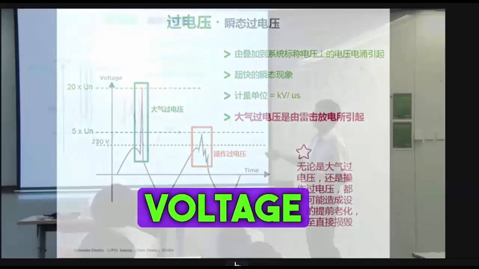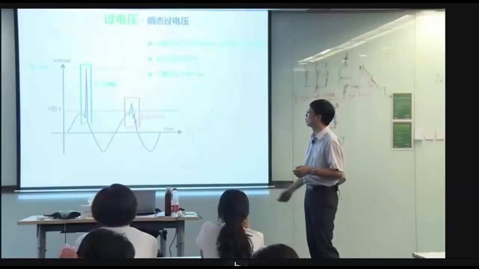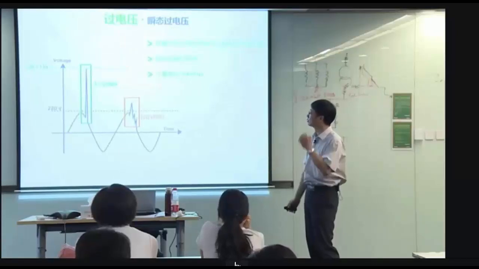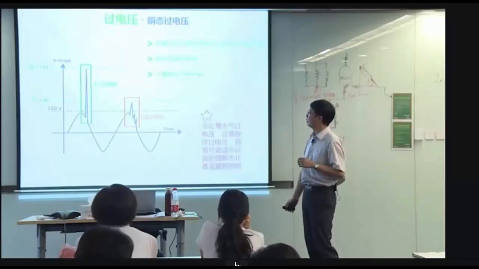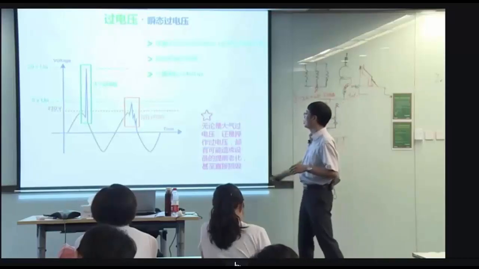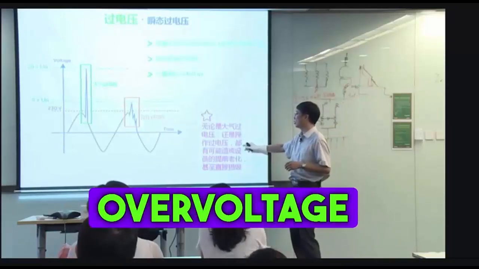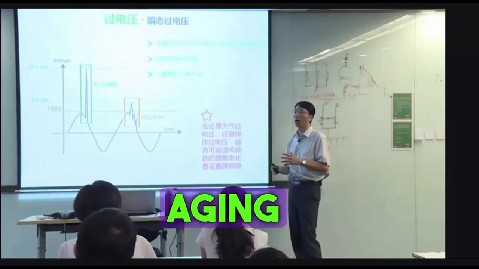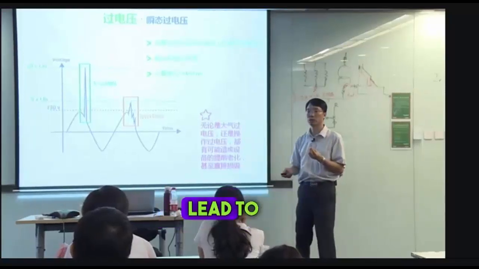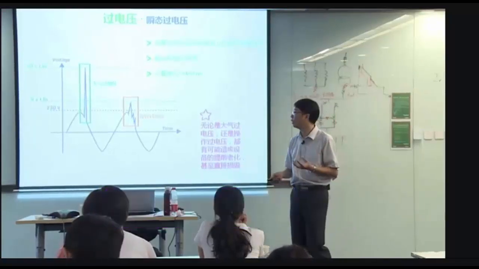This will cause voltage fluctuations or shocks in the system. Both atmospheric and operational overvoltage will cause equipment aging. Severe cases lead to insulation breakdown and burnout.